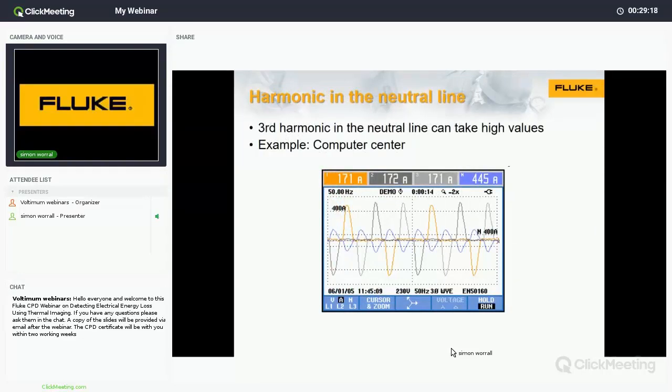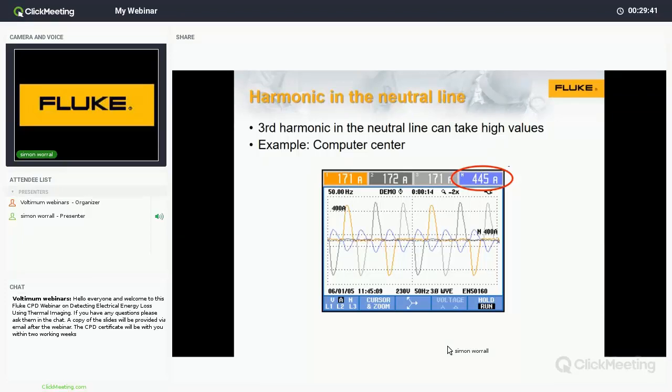We're just going to start with a real live image taken from a computer center. If you just look at the phase currents, 171, 172, 171 amps, very, very well balanced. If you take a look at the neutral, we've got 445 amps, almost 3 times the amount of current flowing. And this is because of the use of the building, a computer center.